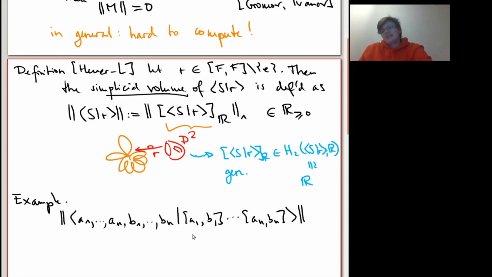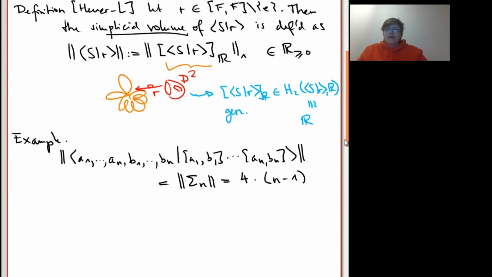Of course, then this is the same as the simplicial volume of the surface of genus N, right? If you look at this construction, you just see that you get the surface of genus N, okay? And usually you don't draw it in this way. Usually you draw it in a different way. But okay, we have seen above that you get 4 times n minus 1. So this is also true if n is 1. Okay, so you get this value.